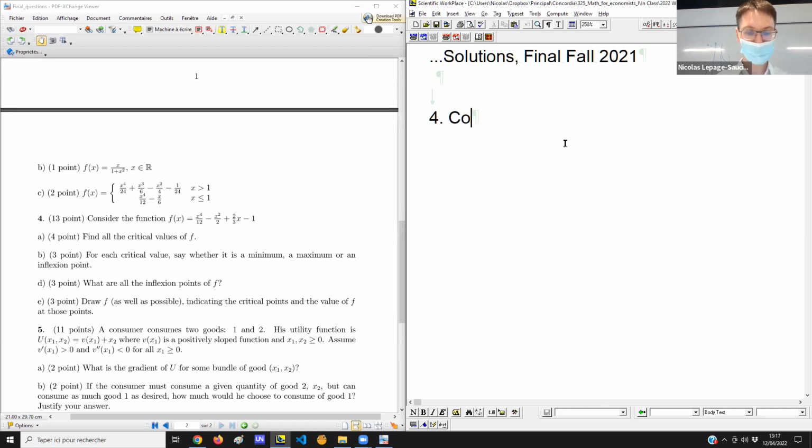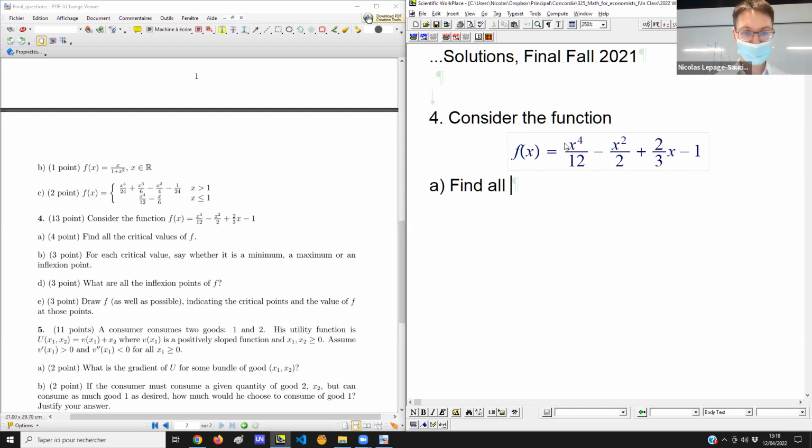So consider the function f(x) equals x^12 minus x^4 minus 1. A, find all critical values.